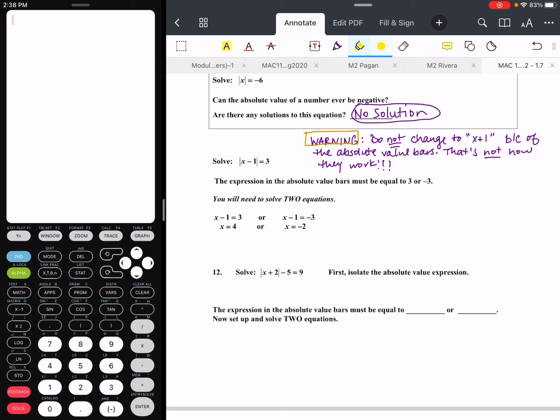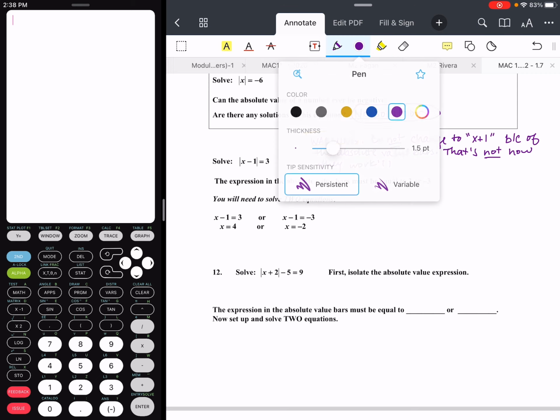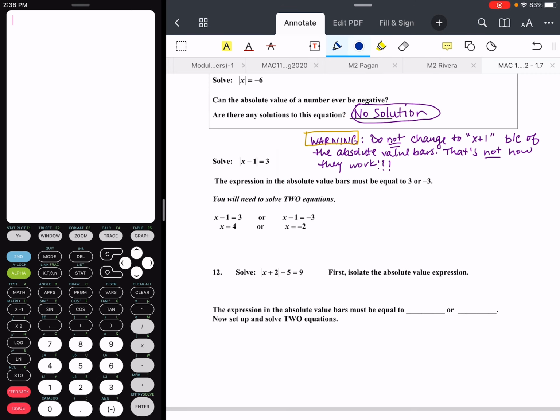As an example, take the absolute value of x minus 1 equals 3. That x minus 1 is what's inside the absolute value. So I'm going to take what's inside and set it equal to +3 and equal to -3.